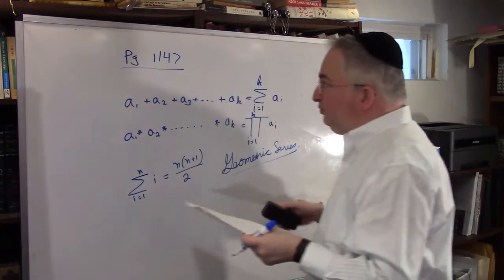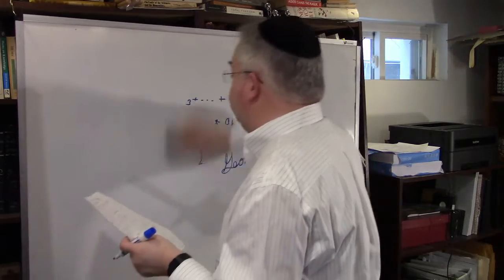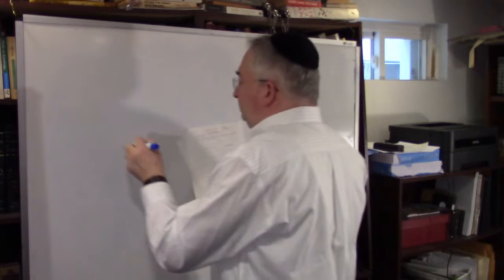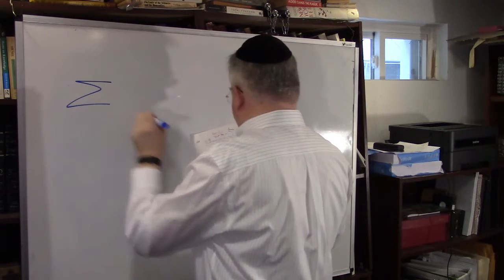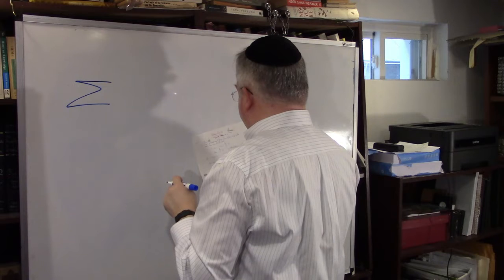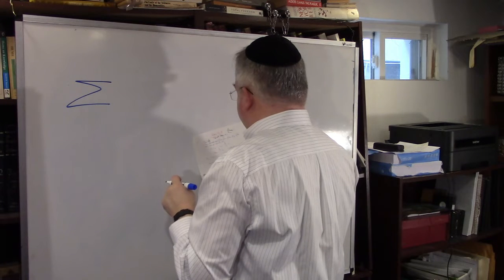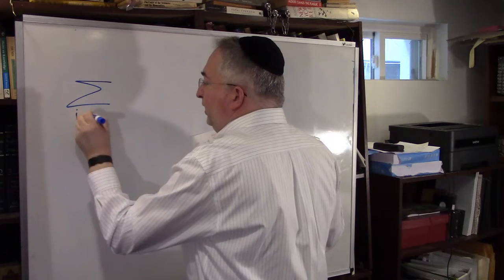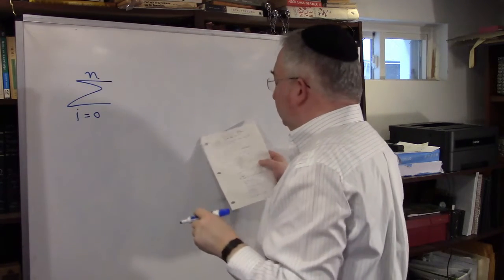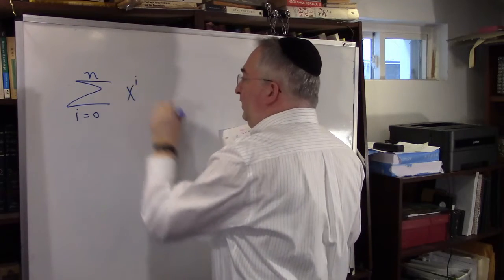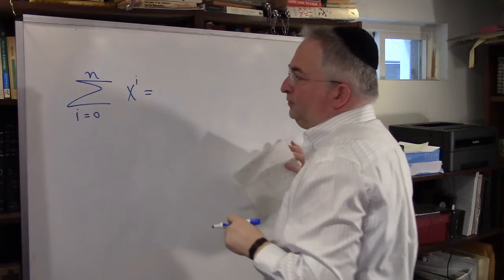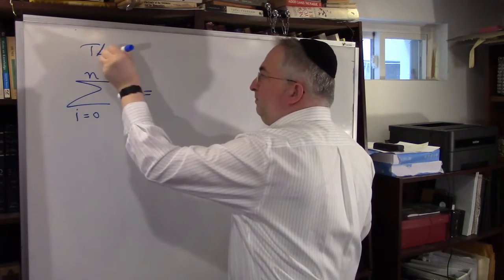Okay, and let's prove this theorem. Now let's first state a theorem, and then we'll prove it. The sum of i equals 0 to n of x to the i is equal to, okay, so this is a theorem.